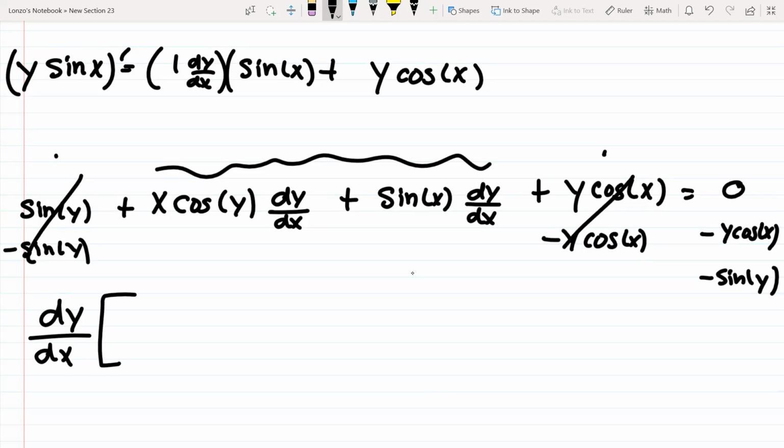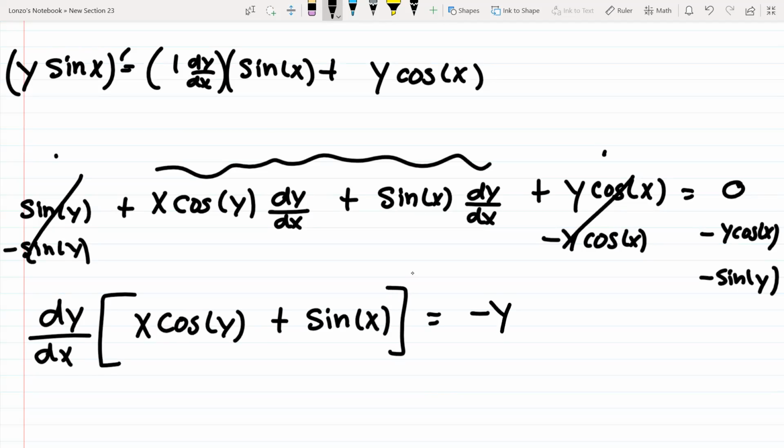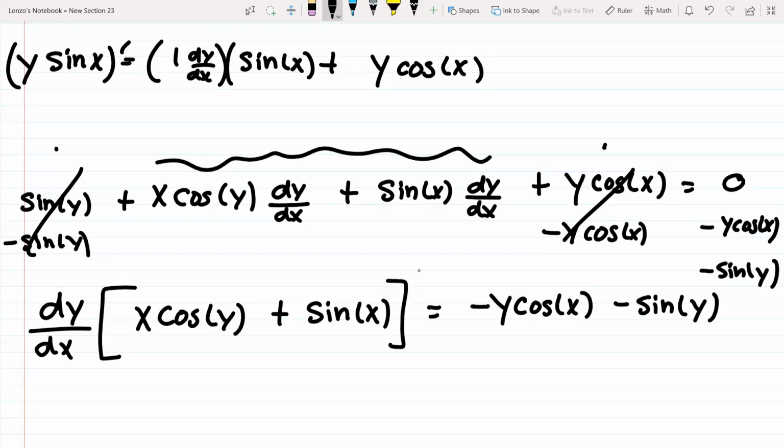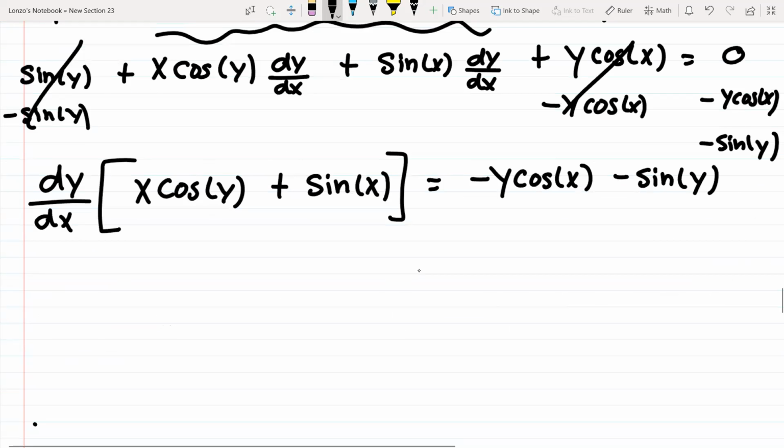And then this would be x cosine of y plus sine of x. And the right is going to be minus cosine of x minus sine of y. And then to solve for dy dx, you're going to have to divide both sides by this.